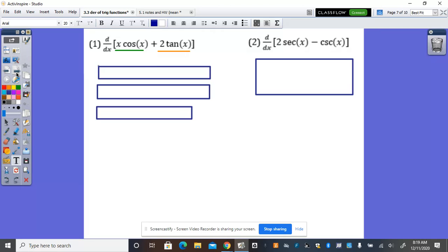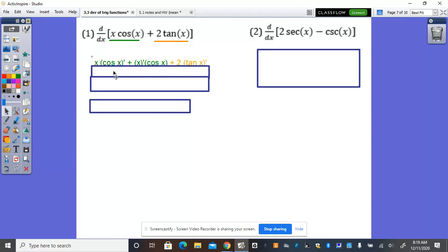So for question number 1, I kind of thought of x cosine x and 2 tangent x, kind of dealing with them separately. And you have to do the product rule for x cosine x. If you have just a constant in front of tangent x, you don't have to do the product rule for that.